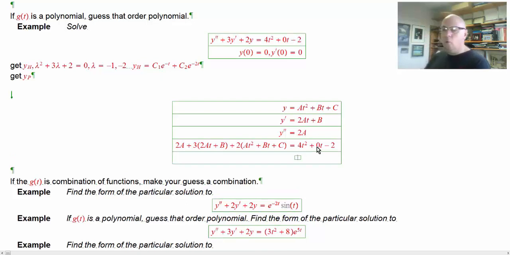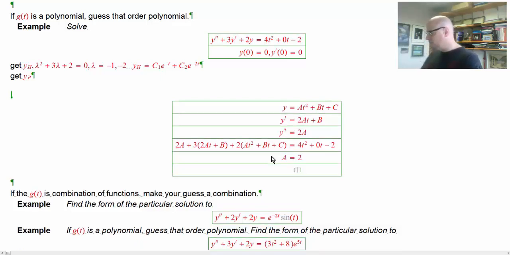Now I'm just going to equate powers of t. I've got 4t squared on this side and 2at squared on that side. That's the only t squared on the whole left-hand side, so a has to be equal to 2.